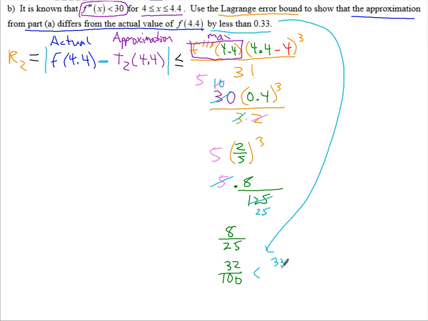So the way you can write that is our approximation here, the absolute value of f of 4.4, the actual value, minus our approximation, is less than or equal to 32 hundredths, which is less than 33 over 100. So you do have to simplify it down so you can actually tell that it's less than that value. And that concludes the notes for AP Calculus on the topic of the Lagrange error bound.